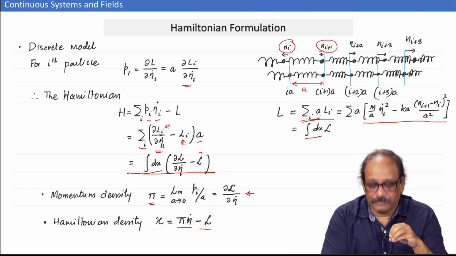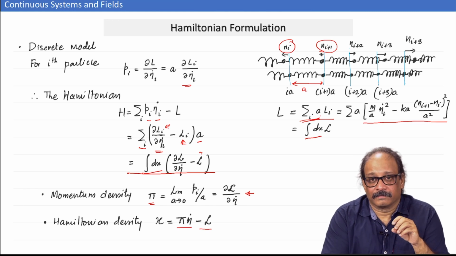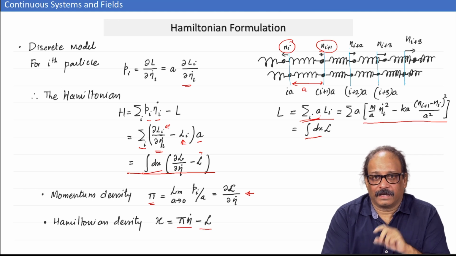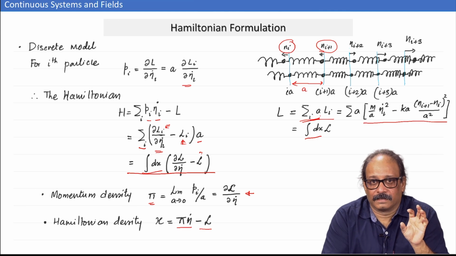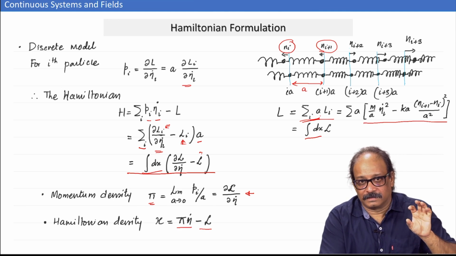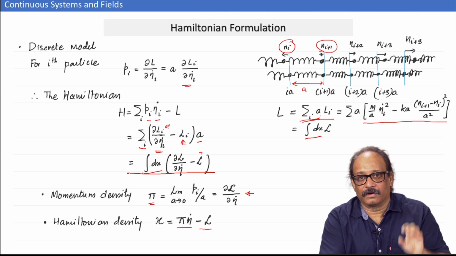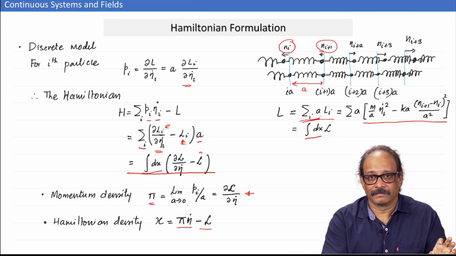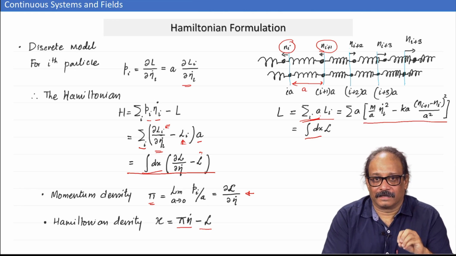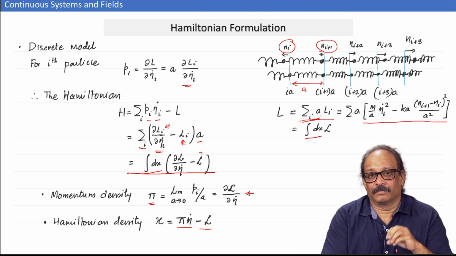And now we have got the Hamiltonian. What I want to do is, remember, in case of Lagrangian formulation, we tried to derive a set of equations or the formulation which almost exactly looks like particle dynamics or a discrete system, but it is in terms of the Lagrangian density or energy density and momentum density.